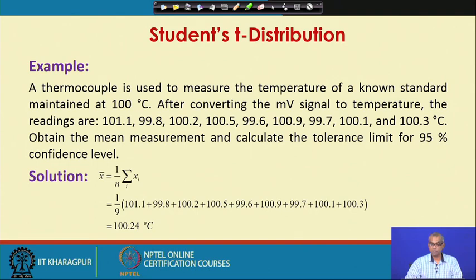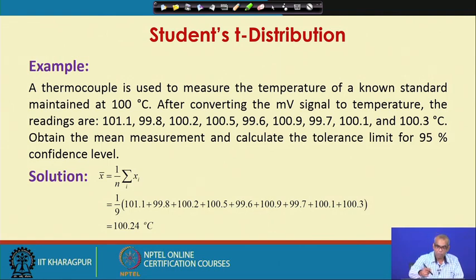Obtain the mean measurement and calculate the tolerance limit for 95% confidence level. So, we want to find the uncertainty associated at the level of 95% confidence.